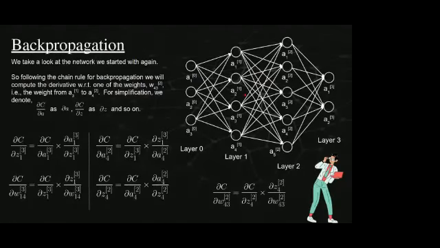Now here, we will do the backward propagation for just one weight, a single weight, the weight W43 of layer 2, which is again the weight that goes to the fourth neuron of the second layer from the third neuron of the previous layer, which is this one. So we want to find the gradient for this weight right here.